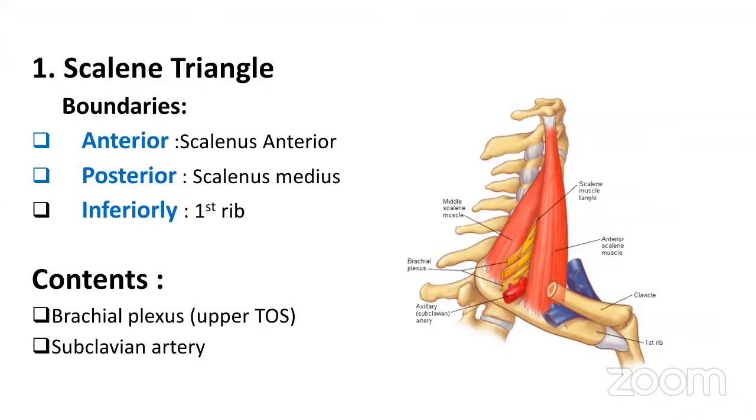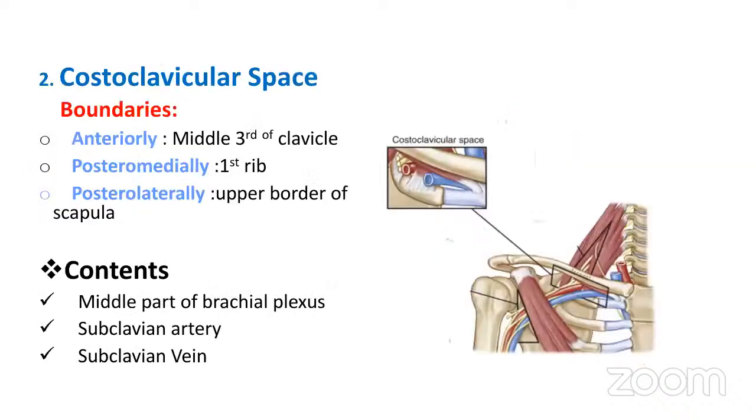The signs and symptoms we had seen earlier; according to which structure is compressed, we can see the signs and symptoms. Okay, now second, costoclavicular space. Costo means rib; the space between the clavicle and first rib is known as the costoclavicular space.